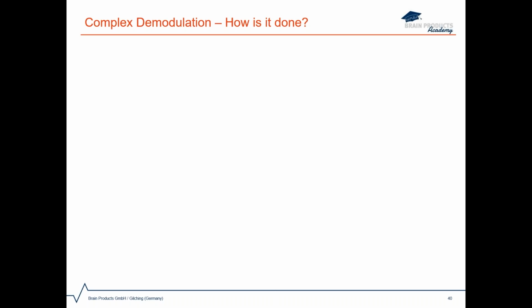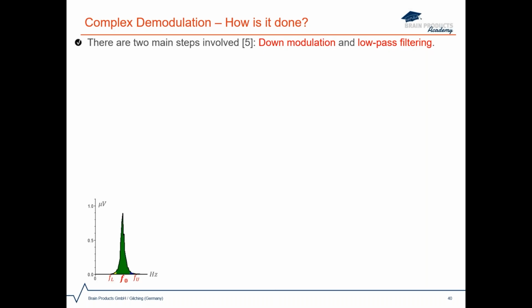So how is the complex demodulation computed? The method is really simple and it involves only two main steps: down modulation and low-pass filtering. To illustrate this, let's assume we have a frequency spectrum of a signal as shown here, with the upper frequency border and lower frequency border denoted as FU and FL respectively.